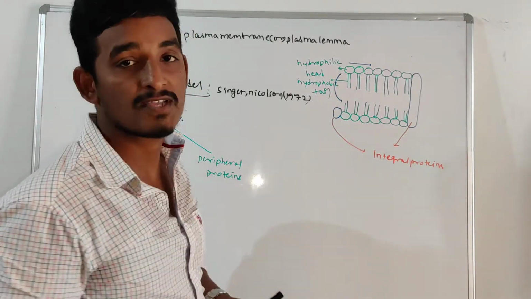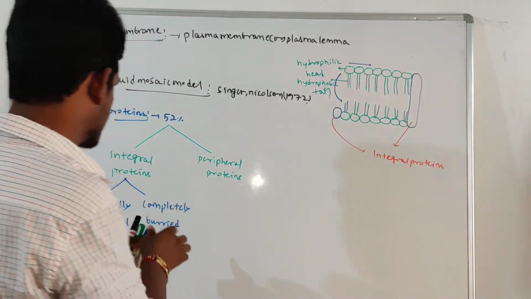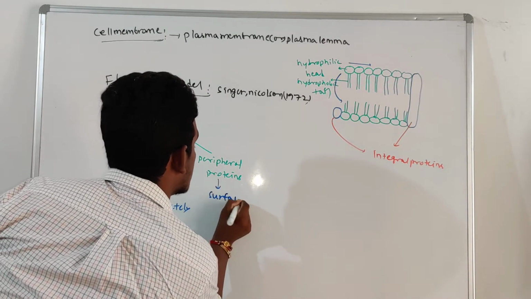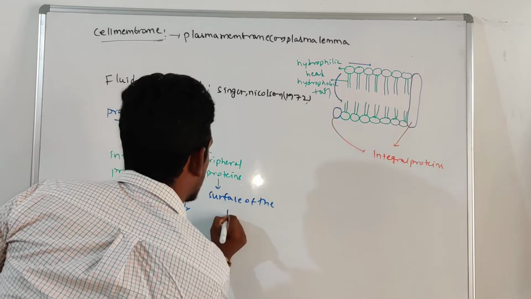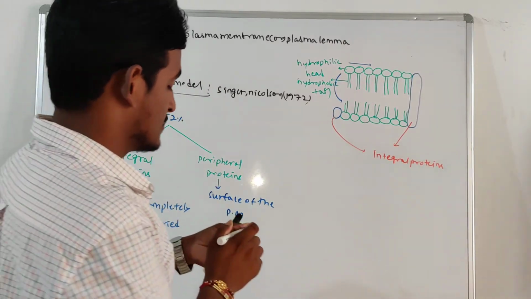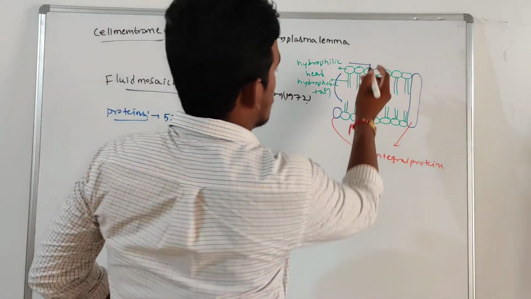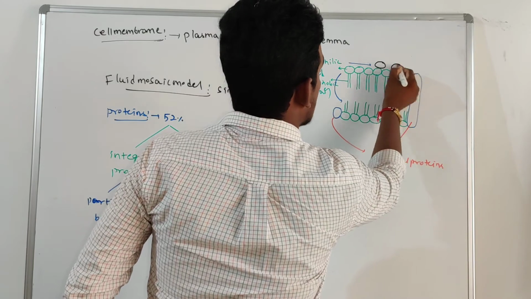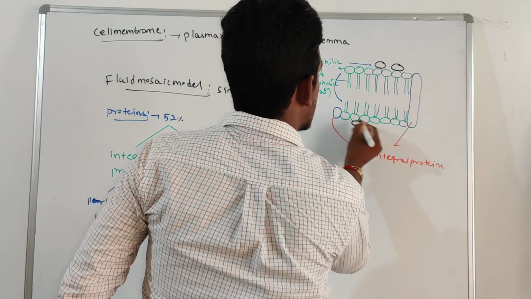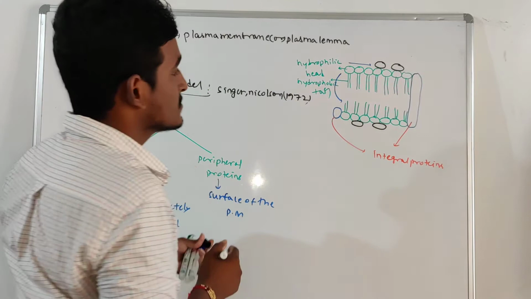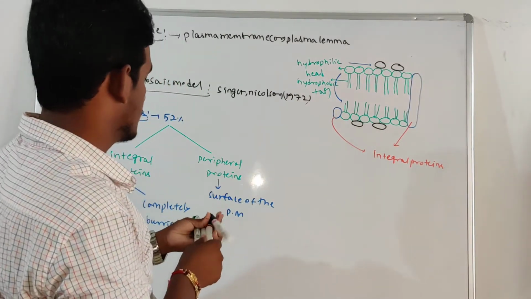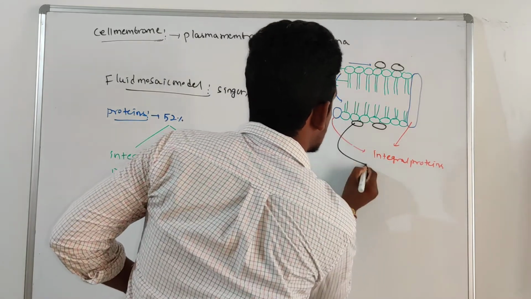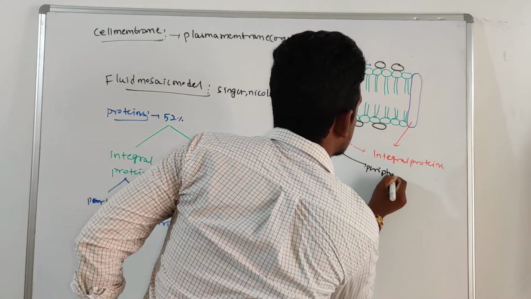So where are they present? They are present on the surface of the plasma membrane. If proteins are present on the surface of the plasma membrane, then what do we call this type of proteins? Those are peripheral proteins.